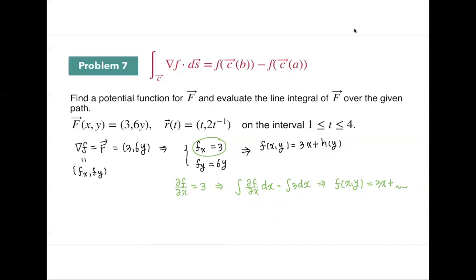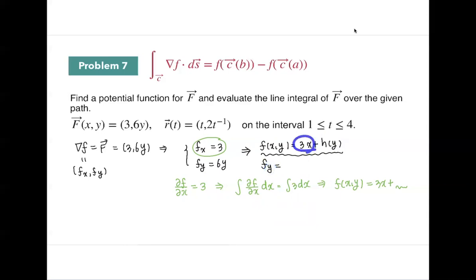And to find h of y, we use the second equation. So from this one, we will differentiate this f of x, y with respect to y. Take a partial derivative. Okay. Then in this case we think of x as a constant because we take a partial derivative with respect to y.